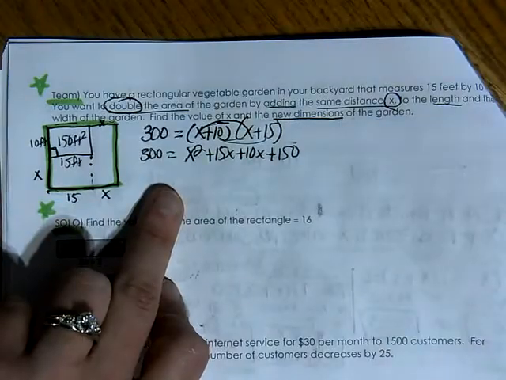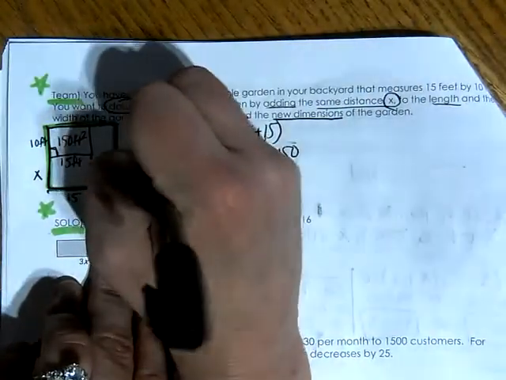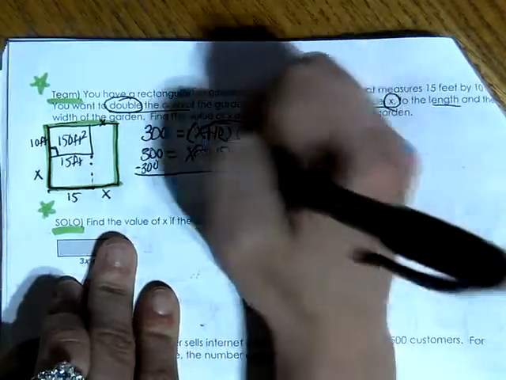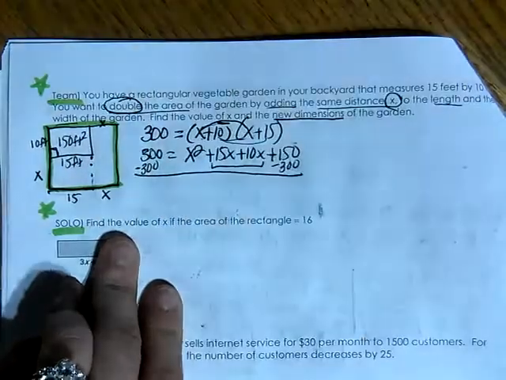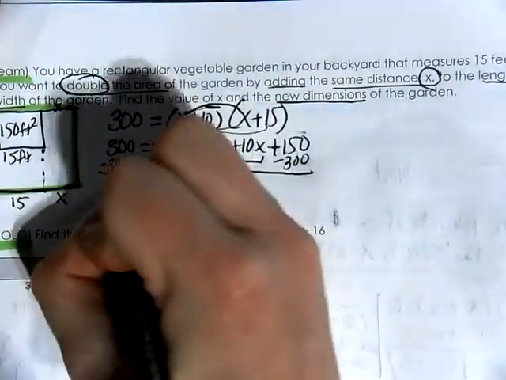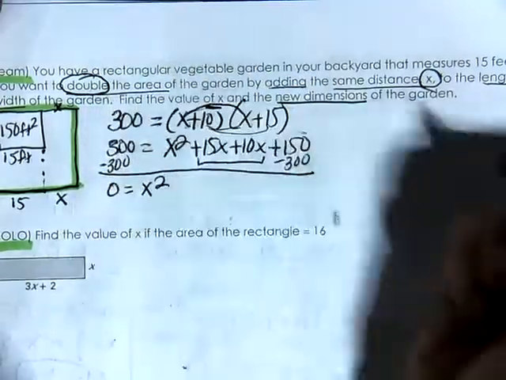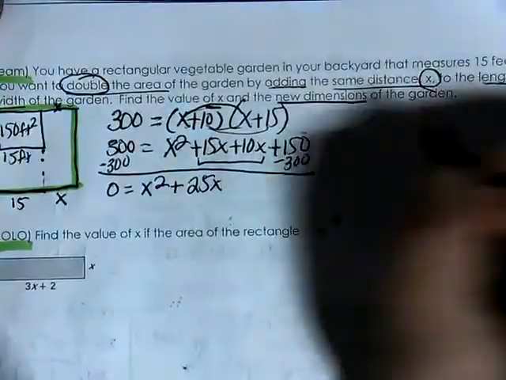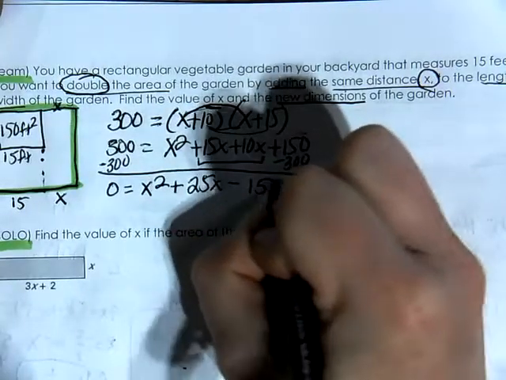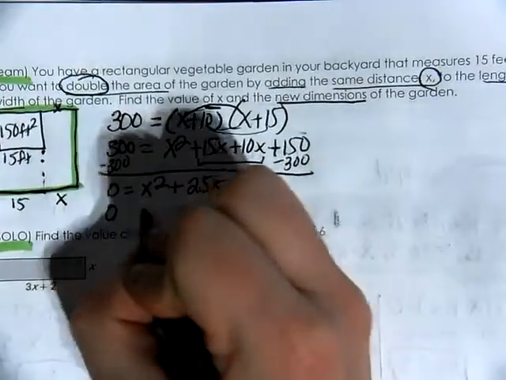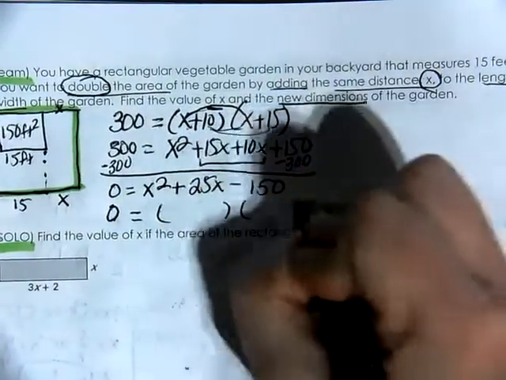Because this is a quadratic equation, it needs to equal 0, so I'm going to subtract 300 on both sides and combine my like terms. So I'm doing more than one step in one step. And when I do that, I'm going to end up with 0 is equal to x squared plus 25x minus 150.